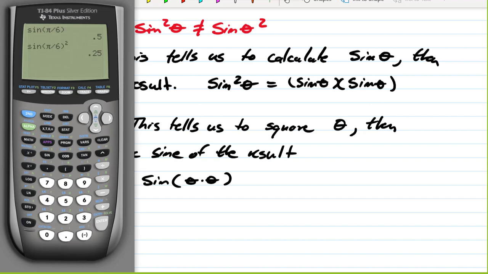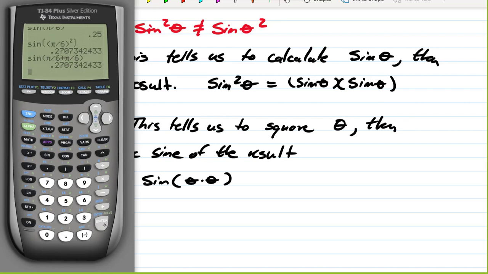If I wanted to square the inside, I have to add an extra set of parentheses. So pi divided by 6 squared, then parentheses. And that would give me the sine of pi over 6 squared, which is the sine of theta times theta. So the sine of pi divided by 6 times pi divided by 6.